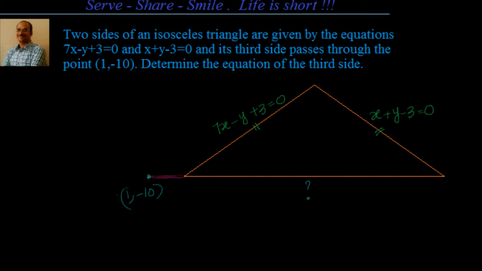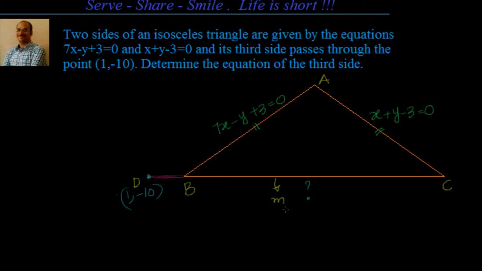For that, we will say the third side's slope is m. If I am able to find the slope of BC, then I can find the equation of the third side because I can put it in point slope form.